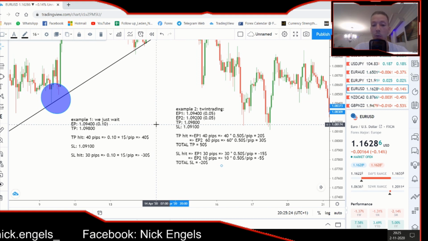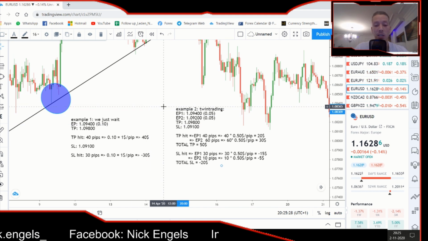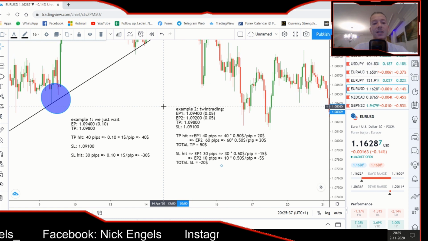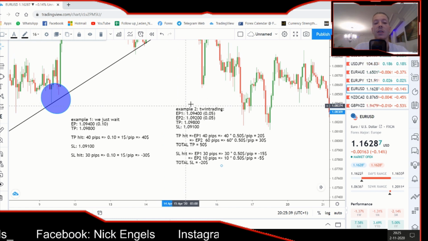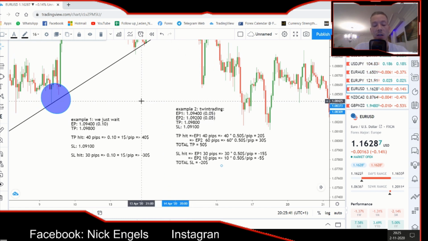Now, really important for this to work is to apply the right risk management, to only take 2 entries, and to use half of your lot size at both entries. This is key, because otherwise this technique will actually not work.